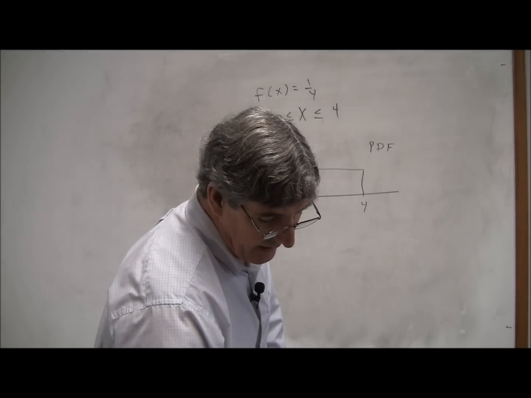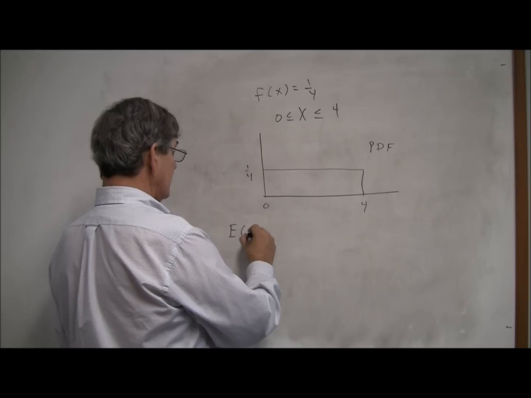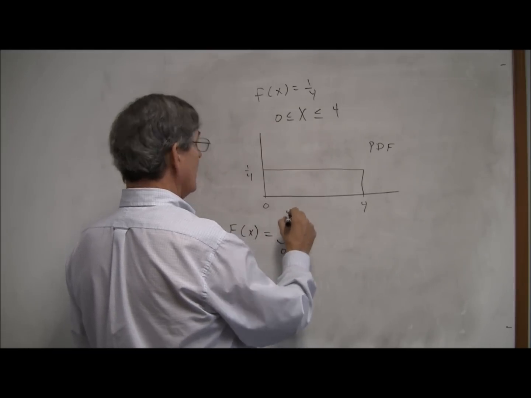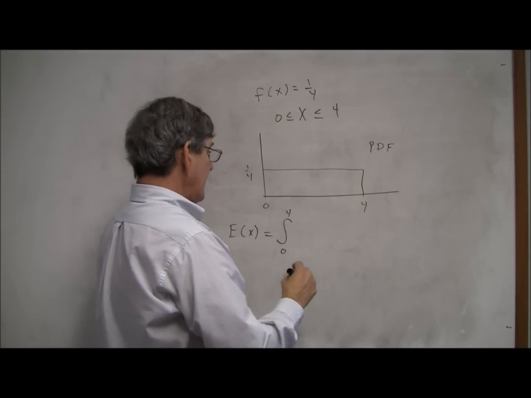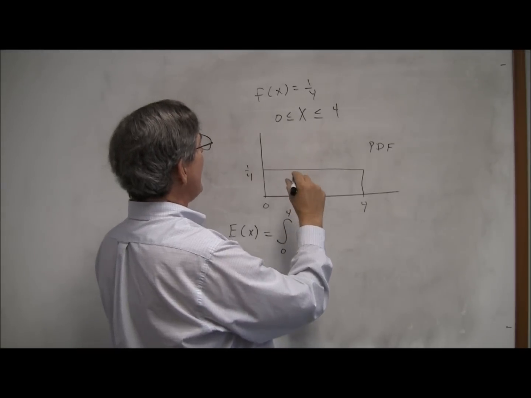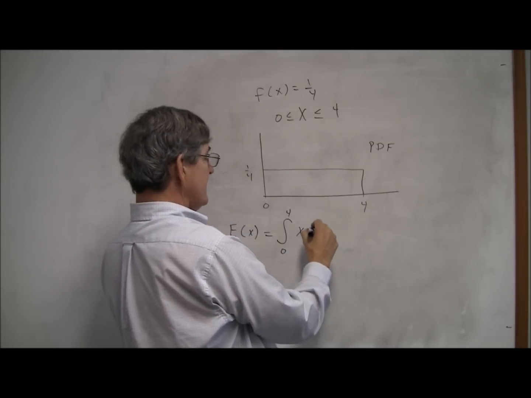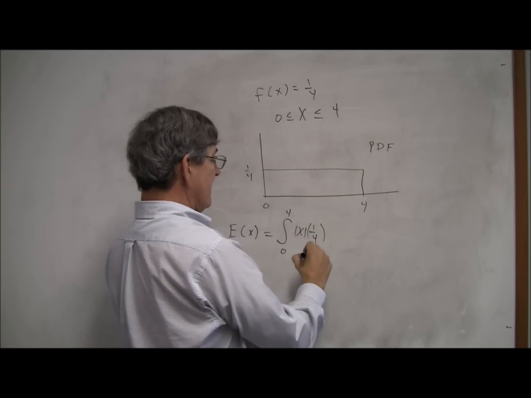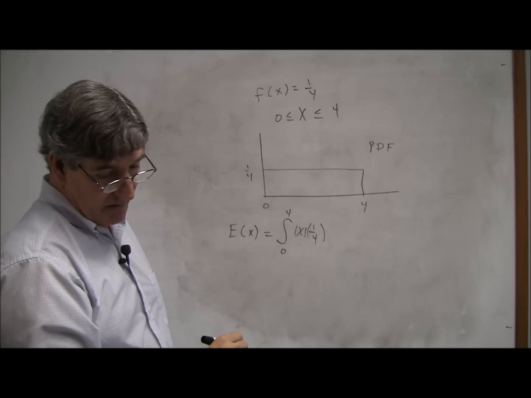But let's check that. So for this problem, the expected value of x is going to be the integral from 0 to 4 over the range of x, times, remember we said it's x, times f of x. And in this case, f of x is 1/4. So it's x times f of x. That's a pretty simple integral.